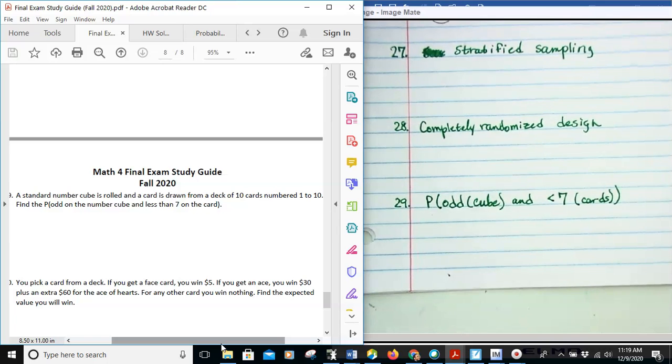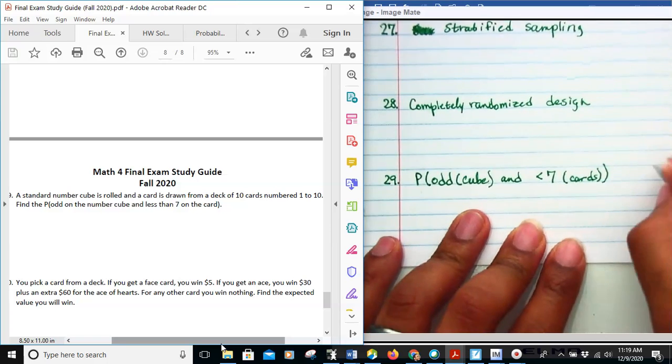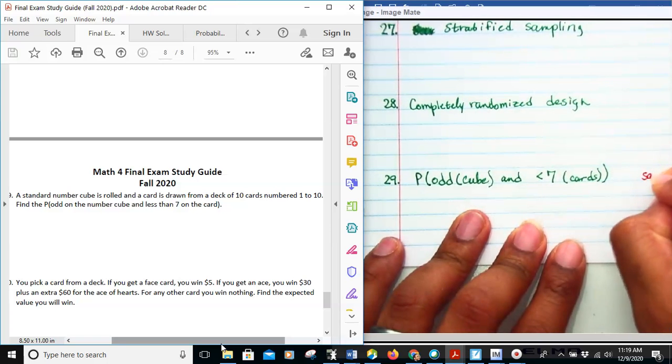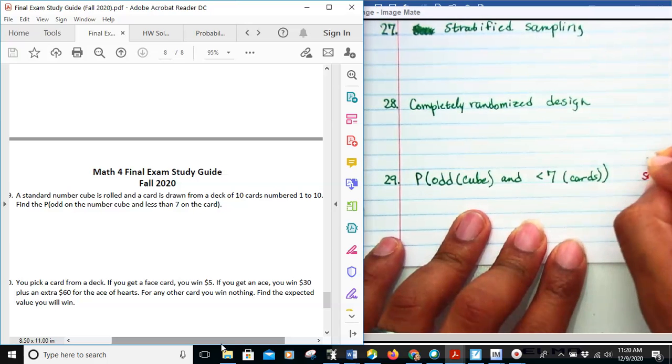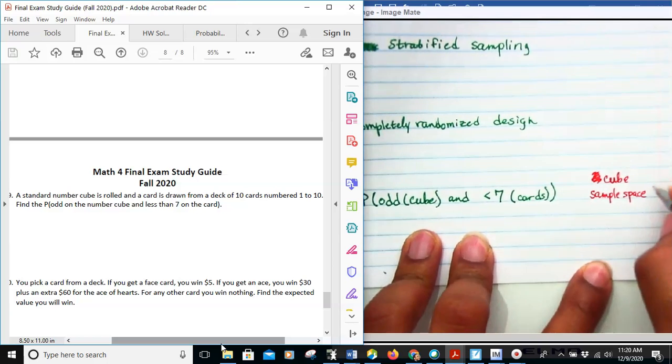First off, we know when it comes to a die, or let's say cube, there's only 6 sides on the cube. So our sample space is 6.